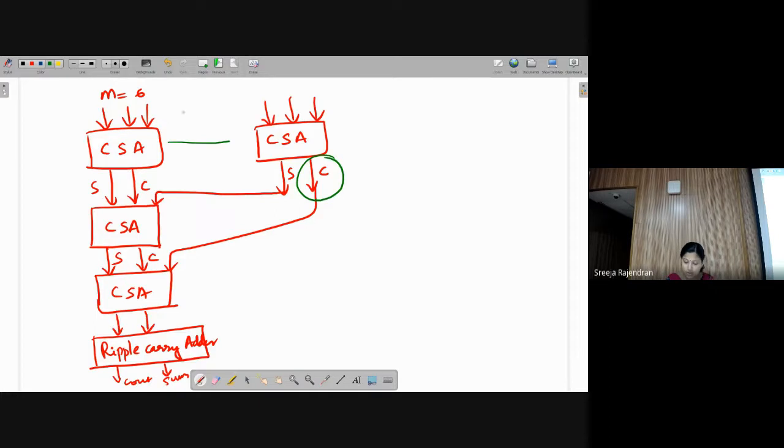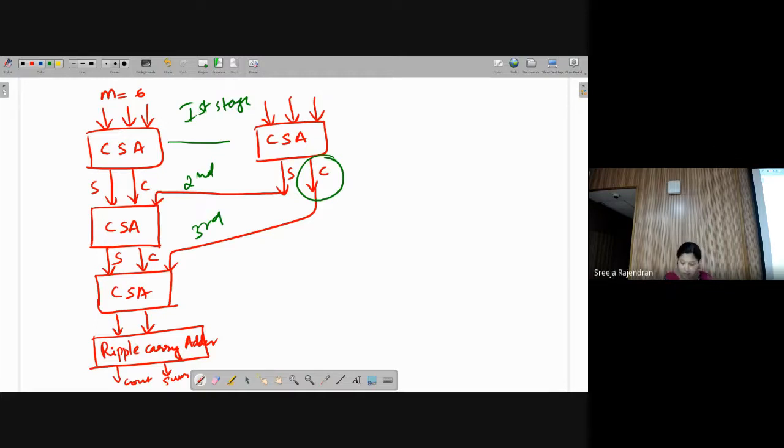This is stage one, first stage, second, this is third. So this carry generated here was used in stage three. And finally, I normalize everything using a ripple carry adder to get the proper output.